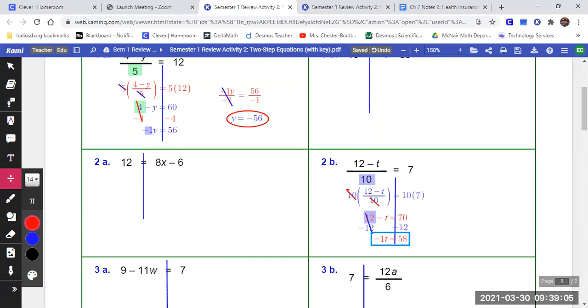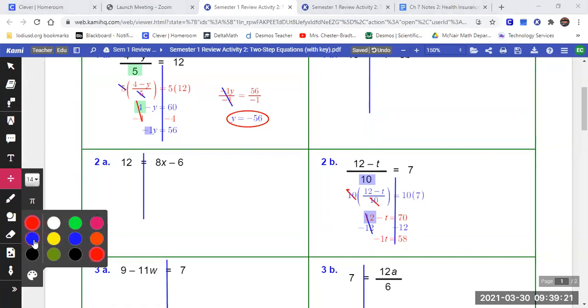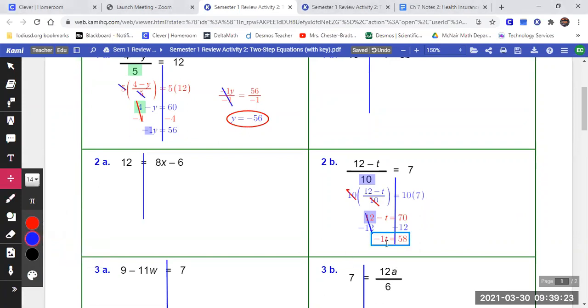Okay. Is it done? Is the t totally by itself? No. So what's our next step going to be? To get the t all by itself, we need to big 1 that negative 1 out of there.